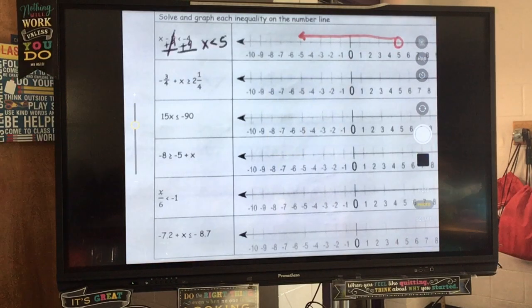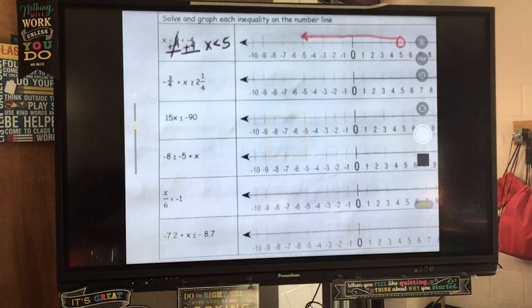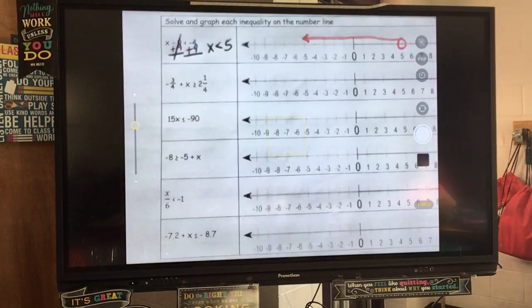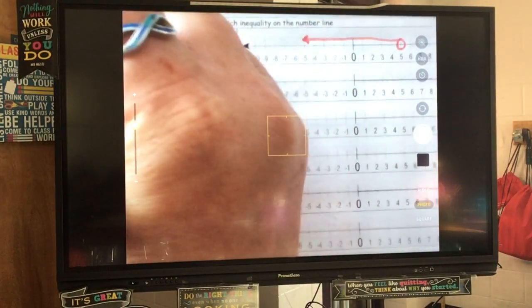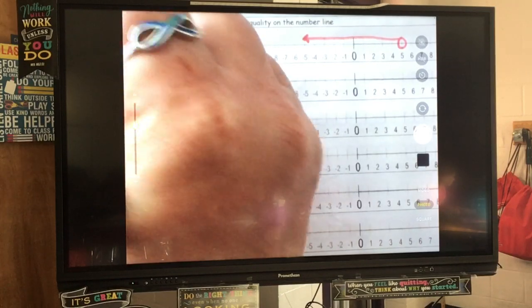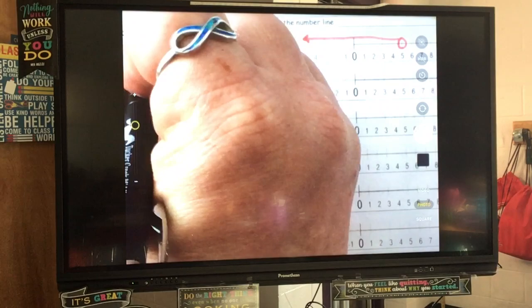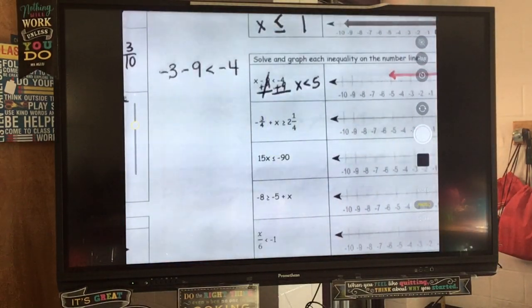So let's pick -3 to check it. I'll use the back of my paper. If I say -3 minus 9 is less than -4, how would I figure that out? With two negative numbers, remember the number line I drew on the board a while back?